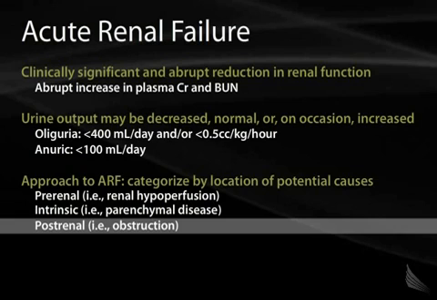Intrinsic renal failure suggests that the renal tissue itself has been damaged, either glomerular damage or tubular dysfunction. Post-renal failure suggests that the collecting system of the urine has been obstructed, either from bladder outlet obstruction, from prostate hypertrophy, or from pelvic mass leading to bilateral ureteral obstruction.